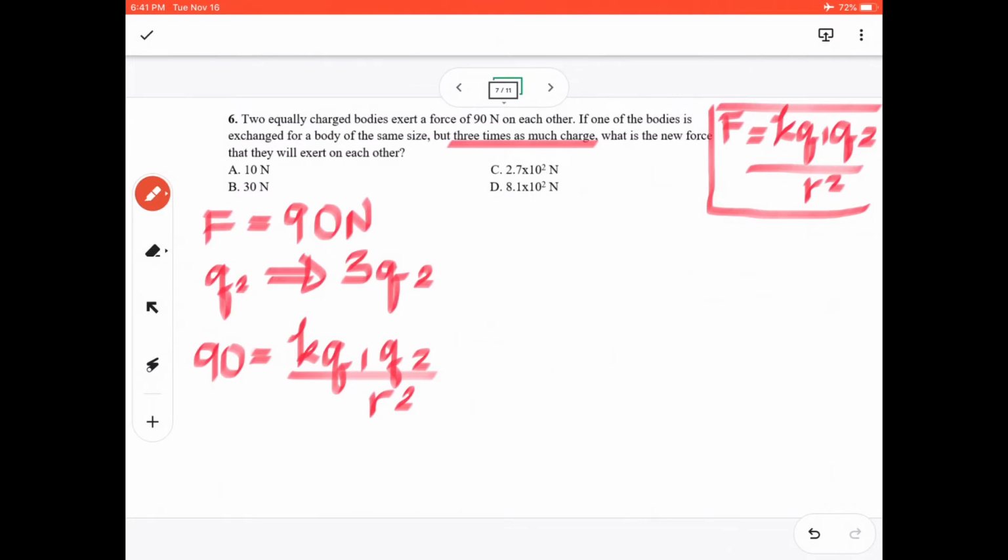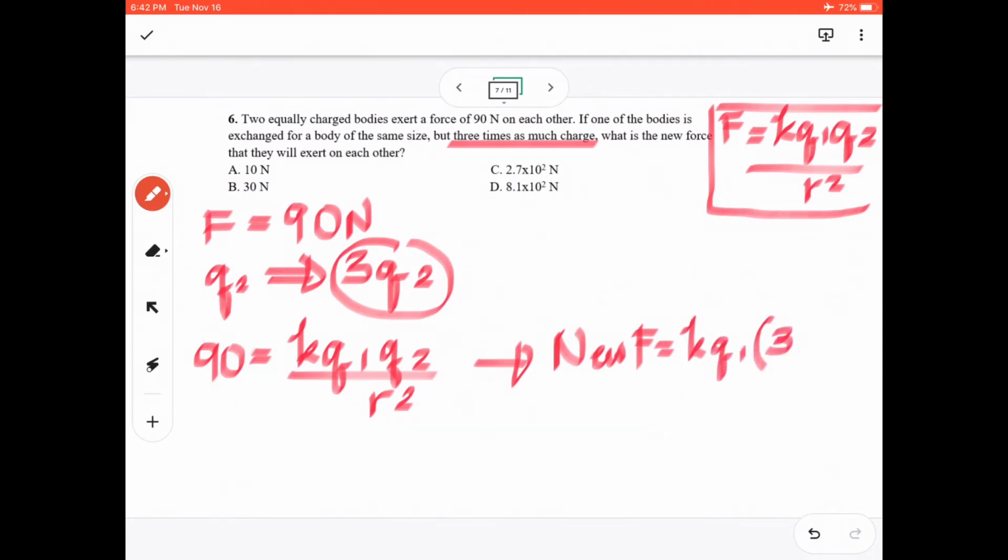Now if we change one of the charges to 3Q2, the new F will become KQ1 multiplied to 3Q2 over R squared. So we need to simplify.